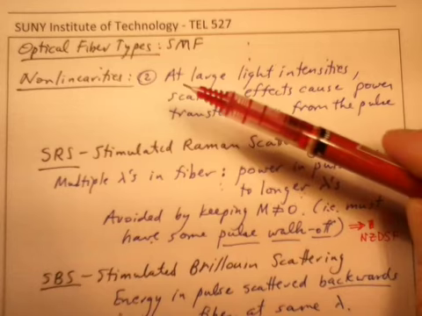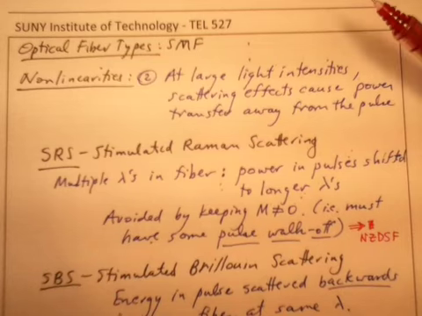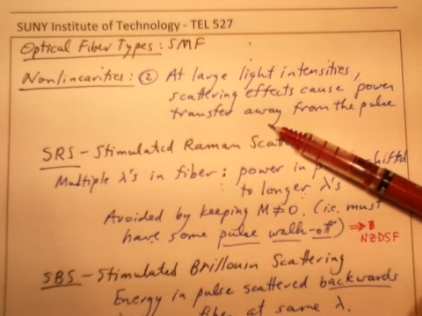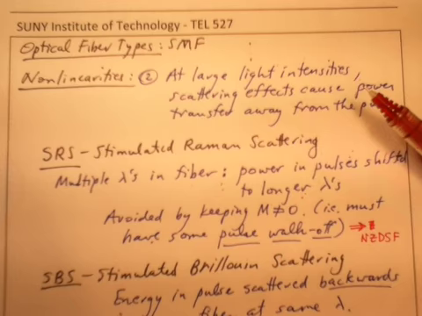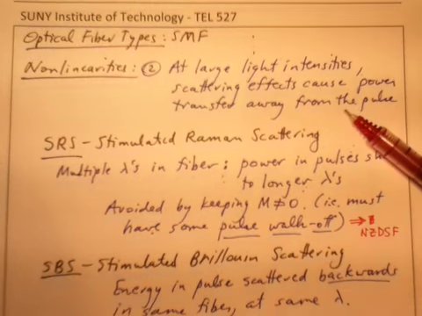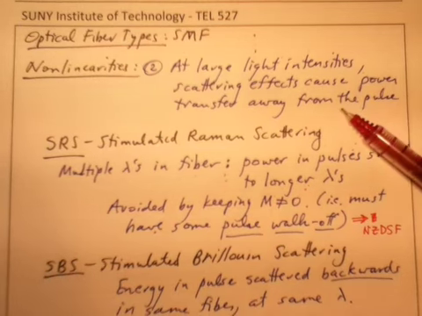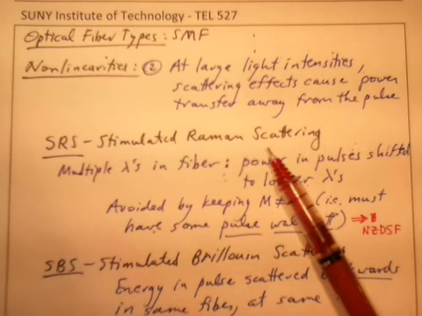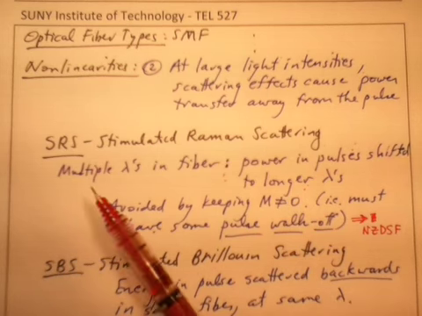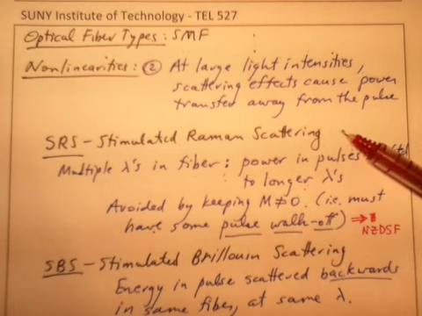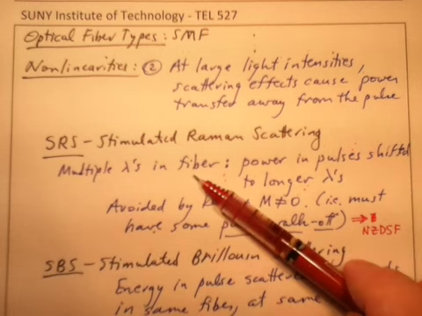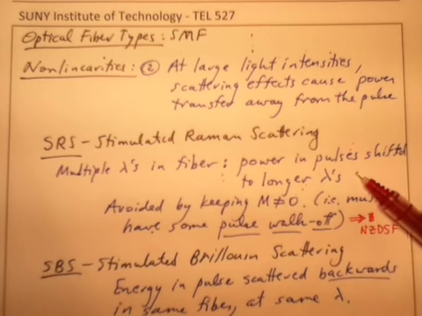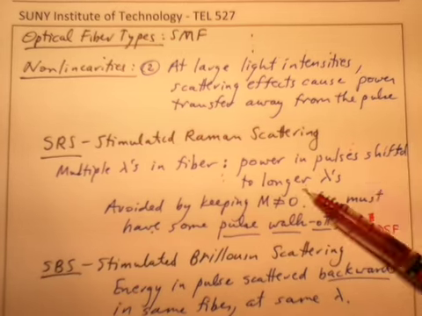The second class of nonlinearities is when we have scattering effects that cause power transfer away from the pulse that we're interested in studying. So we have a pulse and it loses its power through two different mechanisms. The first one is stimulated Raman scattering, which is applicable to WDM systems, when we have multiple wavelengths in the fiber, power in a pulse is shifted to the pulses with longer wavelengths.